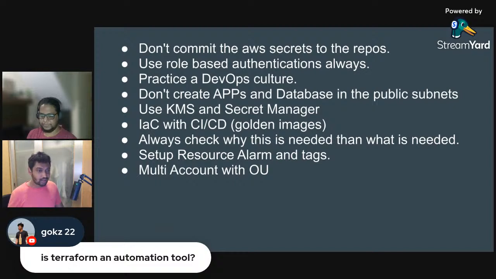It will create the NAT gateway and do everything attached to that, your route tables, everything. So yes, it's an automation tool for infrastructure as code. Don't confuse Ansible and Terraform. A lot of people confuse them. Terraform is mainly for IaC, infrastructure as code.